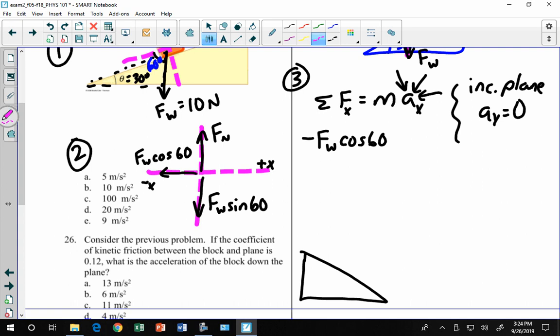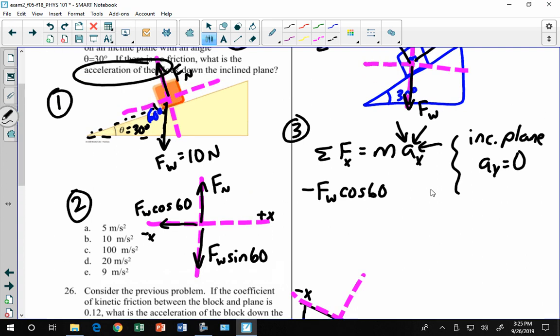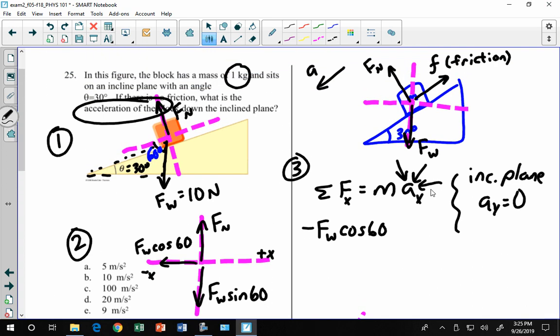And I want you to notice that when I do my coordinate system here, I have negative x up the inclined plane and positive x down the inclined plane. So be careful with your coordinate system, that you're just following the normal Cartesian coordinate system, that you're not getting all hung up on what's up or down. Up is not necessarily positive on the x-axis. But in this case, in this problem, it is, as you would expect, negative is down. But doesn't have to be.